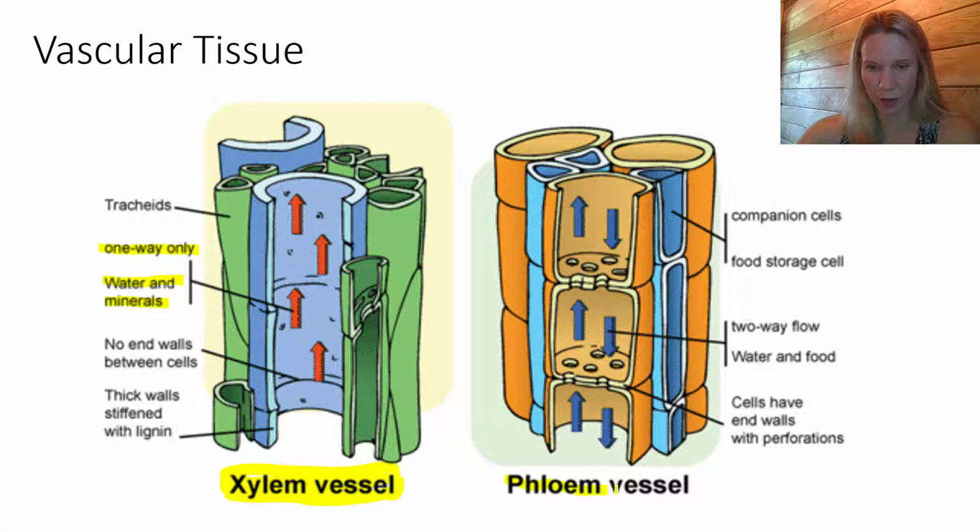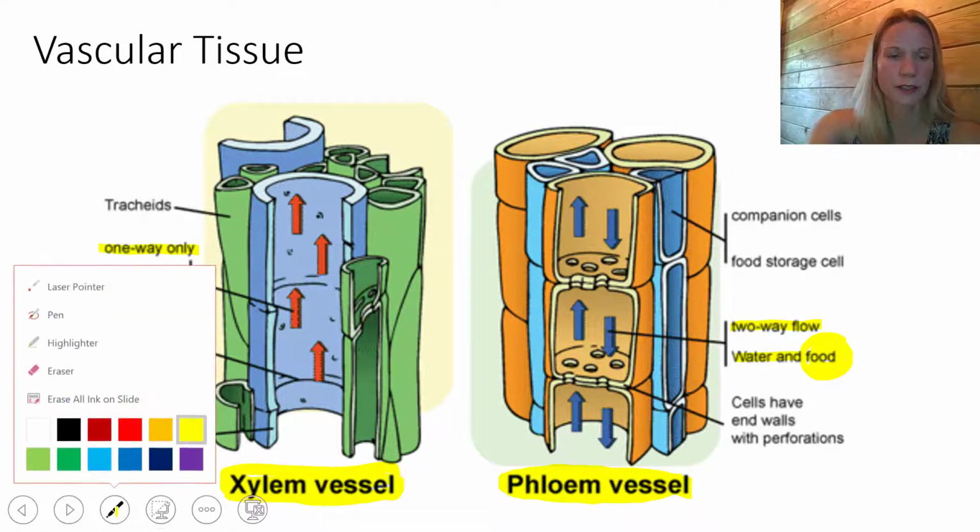On the right, we see phloem vessels. This is another type of vascular tissue. Phloem vessels, notice, have two-way directional flow. Although it can transport water, it primarily transports food in the form of sugars made from photosynthesis.